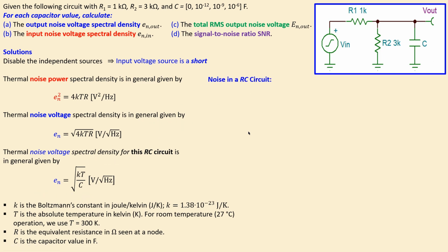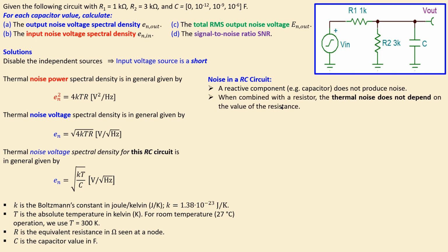But let's look at the noise in our RC circuit in more detail again. A reactive component, which can be a capacitor or an inductor, in this case a capacitor, does not produce noise in the ideal case. So when combined with a resistor, the thermal noise does depend on the value of the resistance.